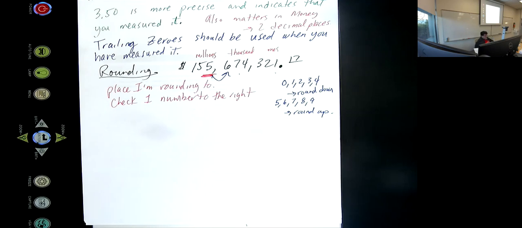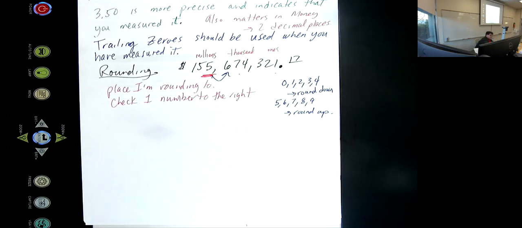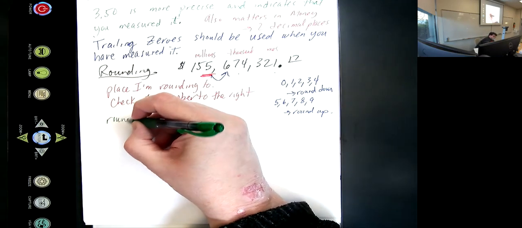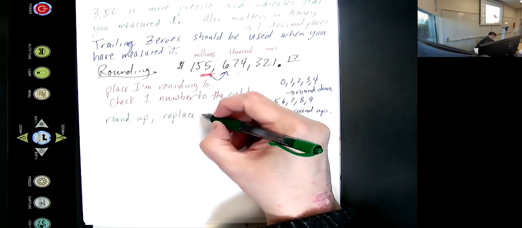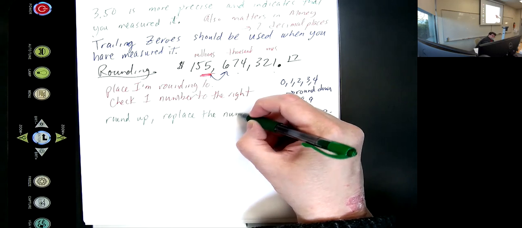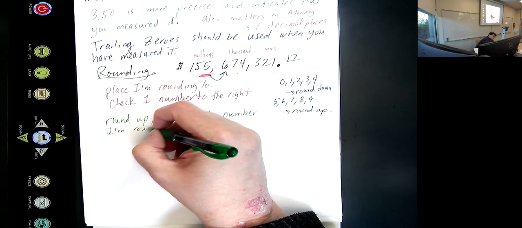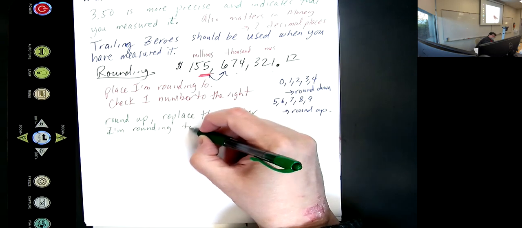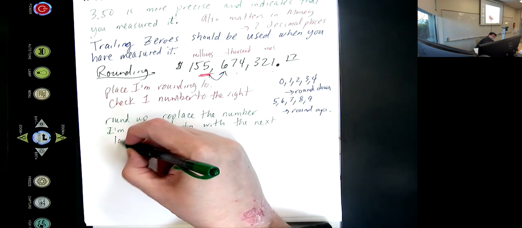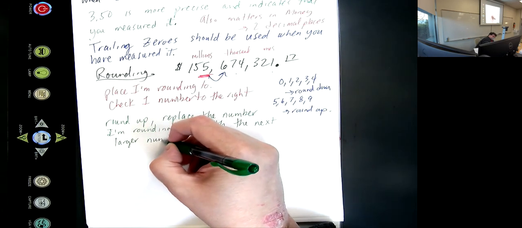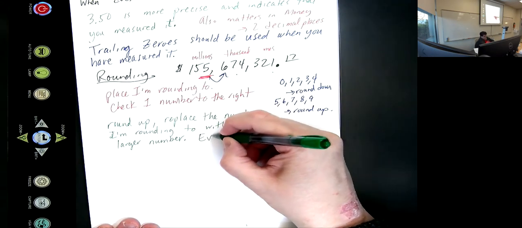So in this case, I have a 6 to the right. I'm going to do the round up. In the case of round up, replace the number I'm rounding to with the next larger number, and everything after it becomes zeros.